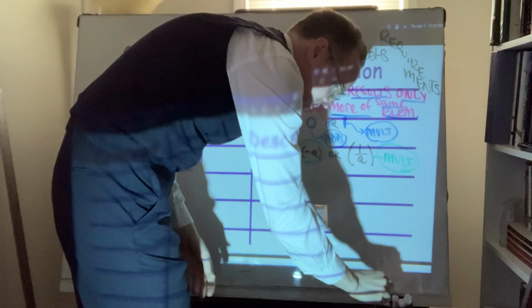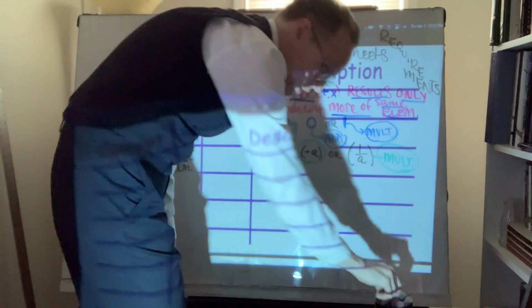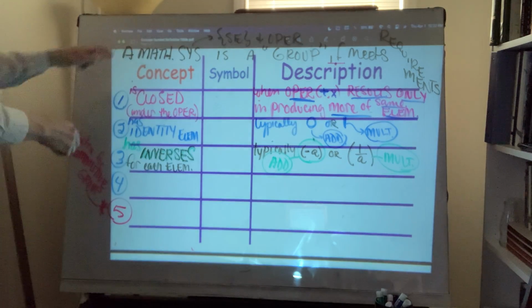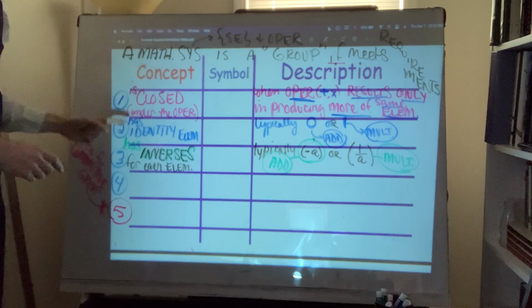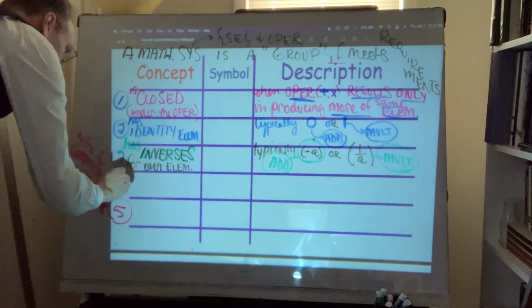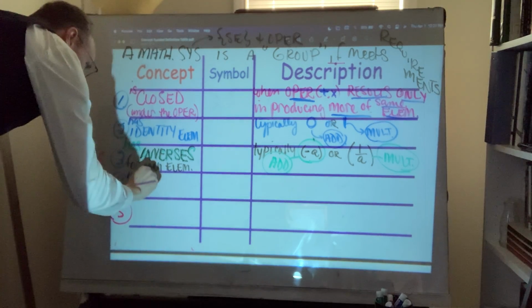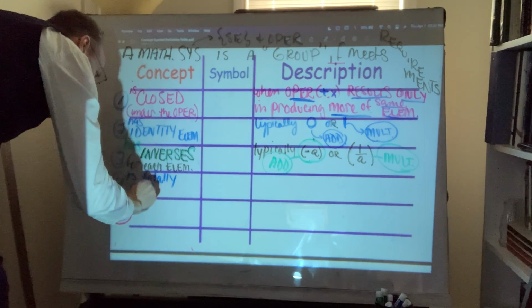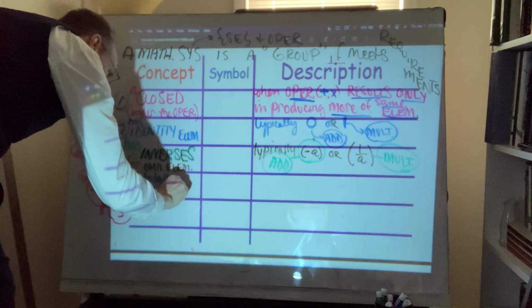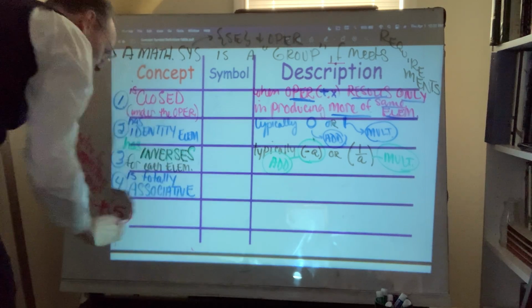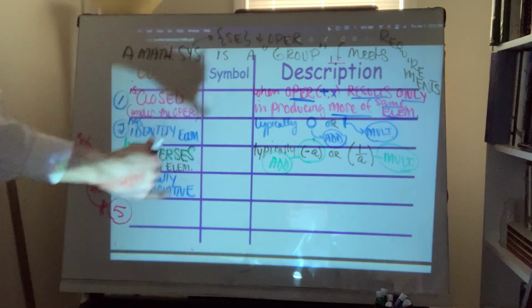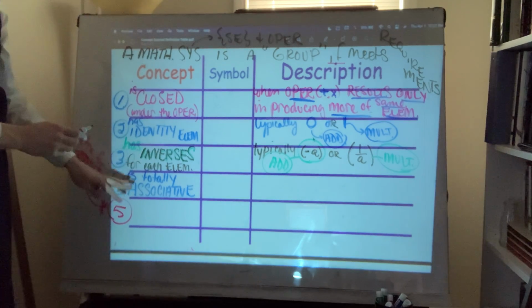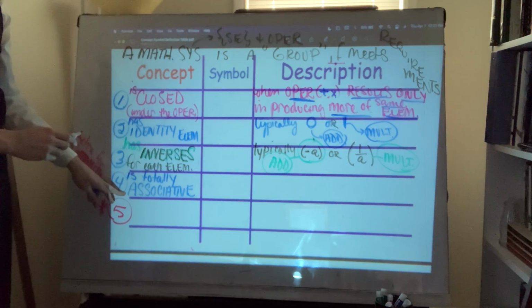And then there's this last thing, which I hate to say, but you really can take it for granted a lot of times. A mathematical system is a group if it is totally associative. I hate to say the word totally, but genuinely, this is really one of the requirements.